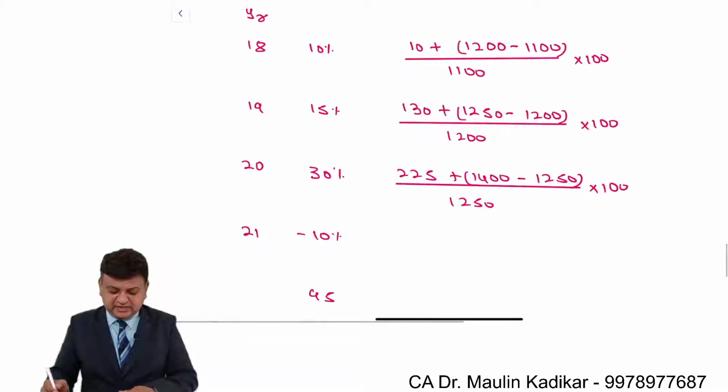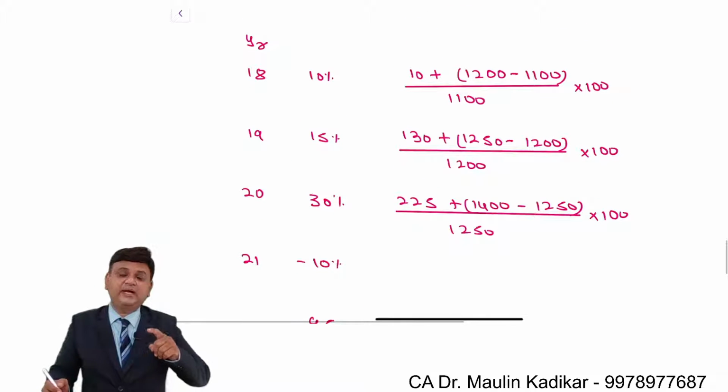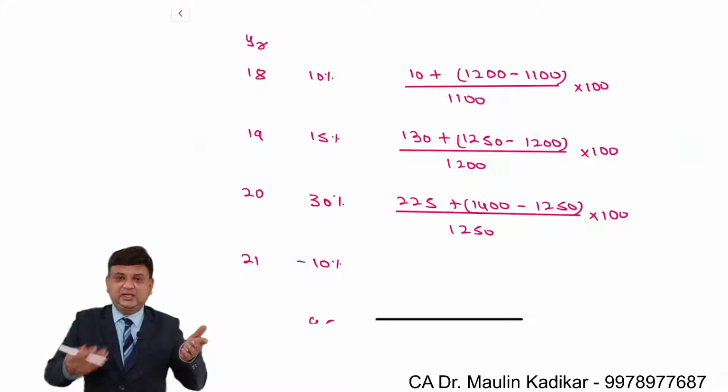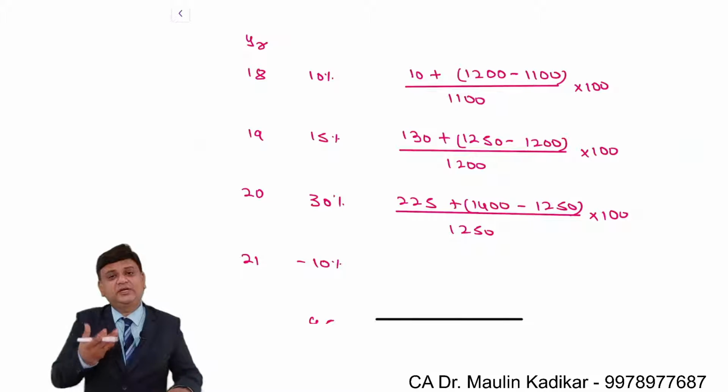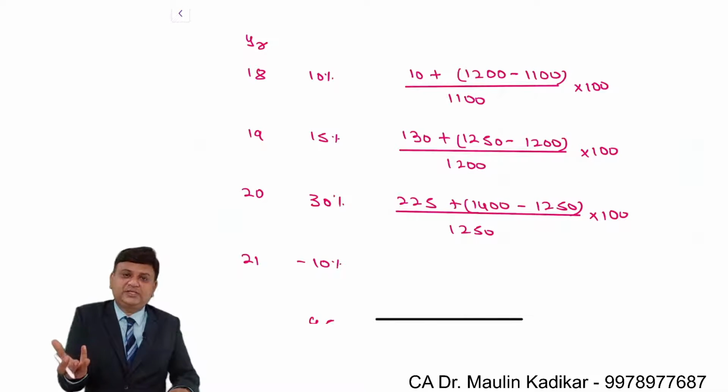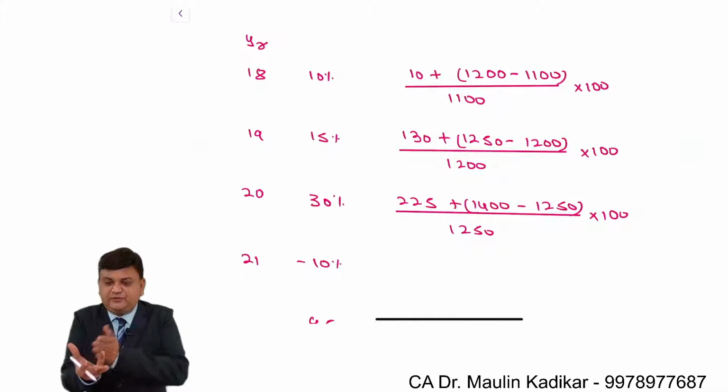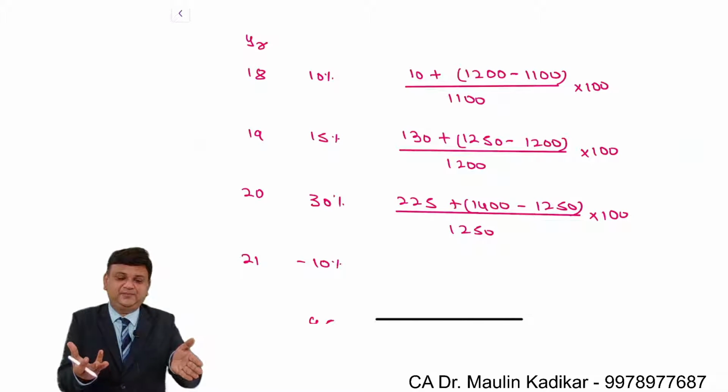And this is the way you can make a prediction of return from a security taking into account the past records, if you have a strong reason to believe that the recent performance of the security is likely to be the future performance of the security.